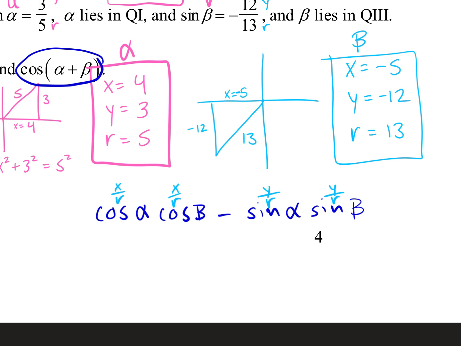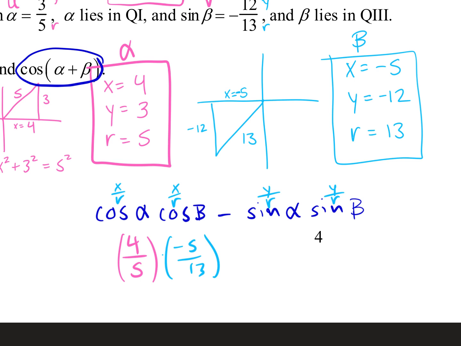So I'm looking at my alpha triangle, the pink one. X would be 4 and r is 5. So we have 4 over 5. Now I need to look at my beta triangle, the blue one. What would cosine of beta be? Negative 5 over 13.